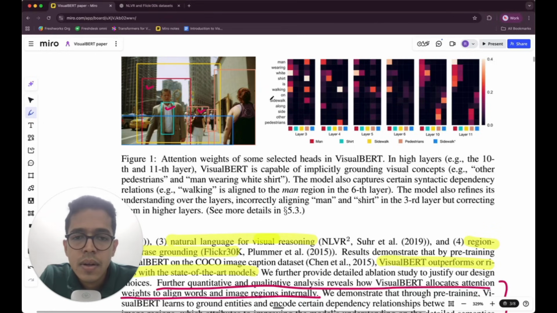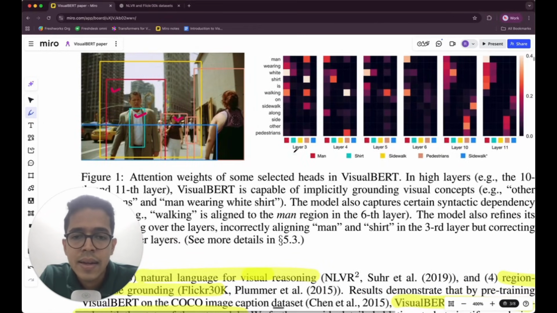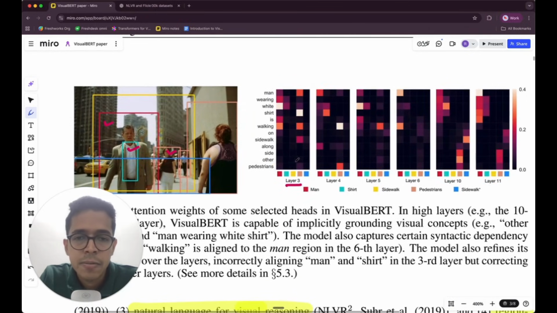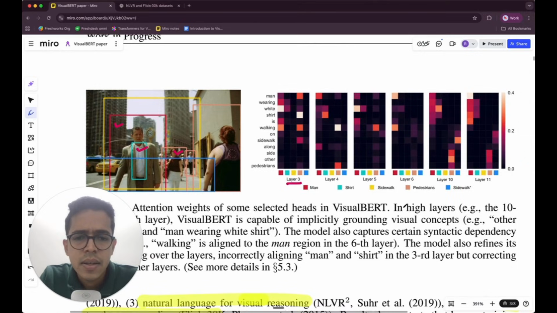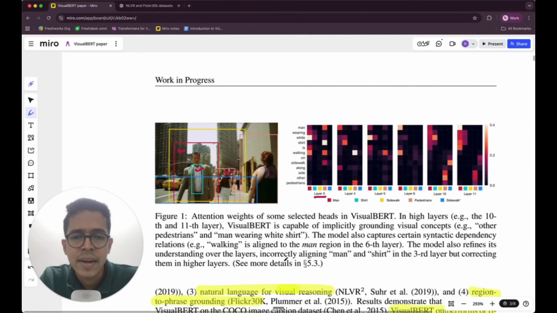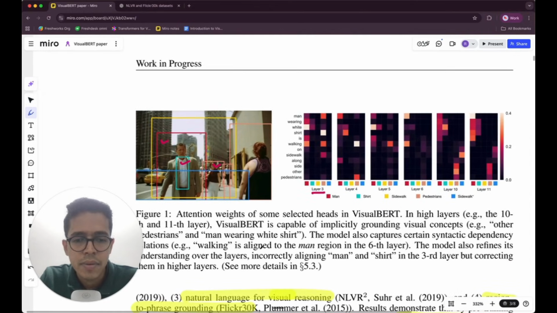So this is the 3rd layer, and man and shirt is being incorrectly aligned, where I don't think in the third layer that is happening. Oh, I see. I'm not sure if in the third layer man and shirt are being aligned. I'm not 100% sure if this last sentence of the caption is correct. But I can see the model making some mistakes.